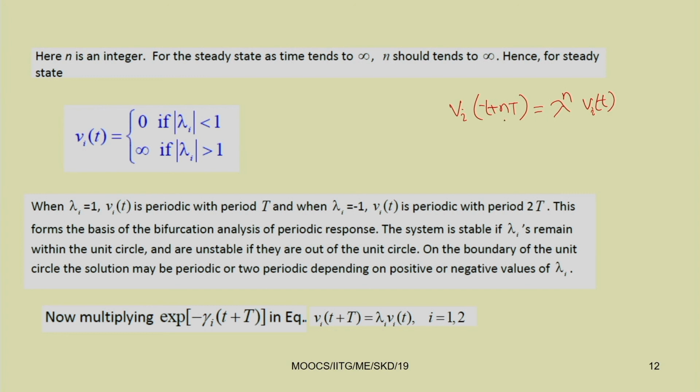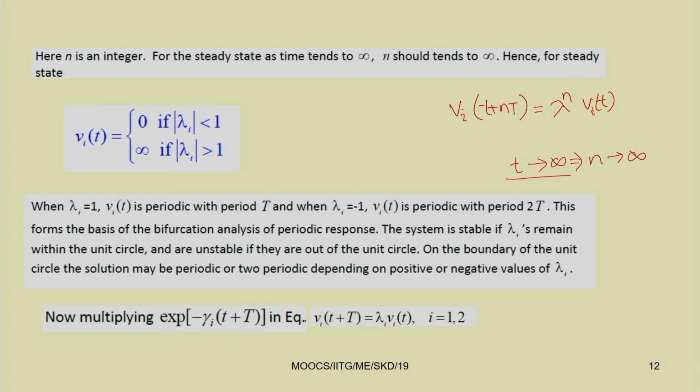So for steady state, that is t tends to infinity, how will t tend to infinity? When nT tends to infinity, t tends to infinity, which implies n tends to infinity.